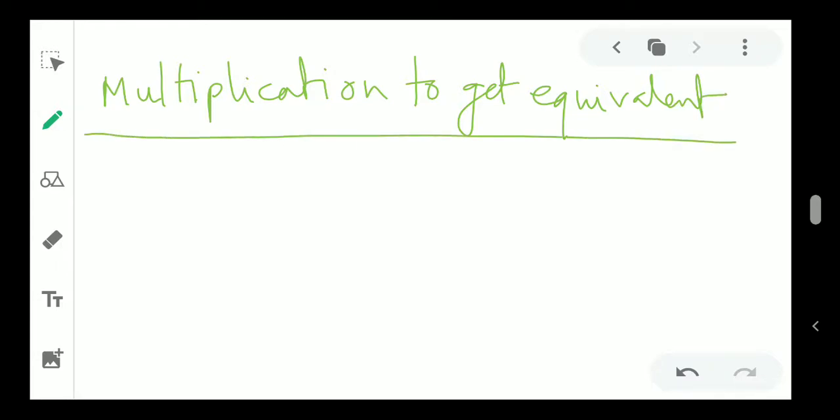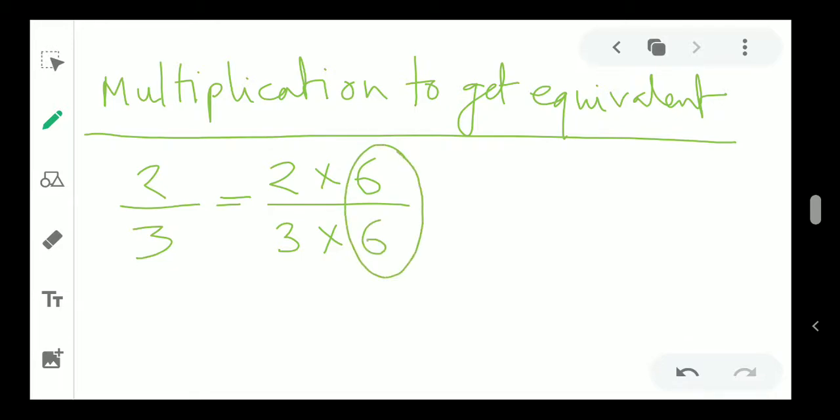For multiplication we have to do like this. Let's say we have this by 3, so we can multiply any number. This number can be anything, but you have to remember the same number you have to multiply up and down. This is very vital.